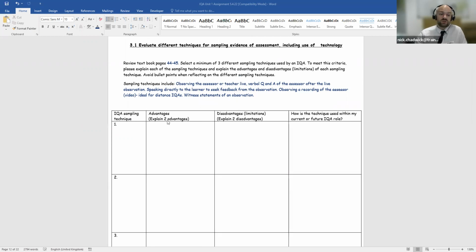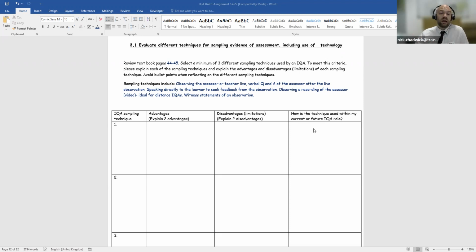We would like you to explain 2 different advantages of a live observation, and also the disadvantages or limitations. So what are the limitations with observations here? And also explain how the technique is used within your current or future IQA role as well.